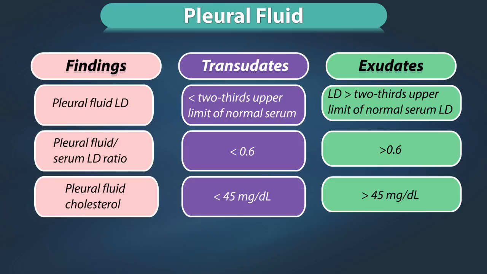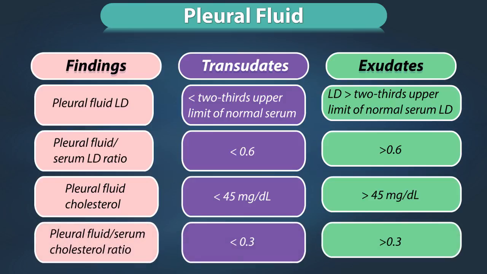The pleural fluid cholesterol is less than 45 mg per deciliter in transudate, more than 45 mg per deciliter in an exudate. Pleural fluid to serum cholesterol ratio is less than 0.3 in a transudate and more than 0.3 in an exudate.